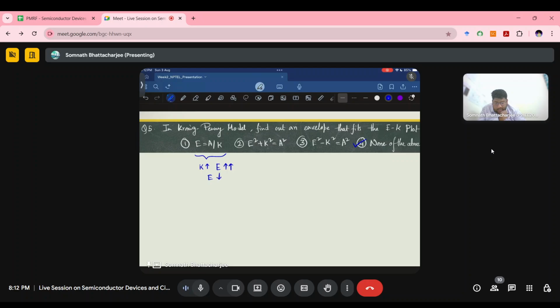The E is decreasing. So this is a wrong answer. For the next one, this is nothing but a circle. So a circle can't define the envelope, so that's wrong. For this case, it's a hyperbola. The same thing is here. So this should be like this. So you are correct.